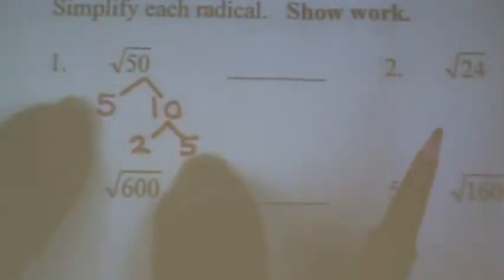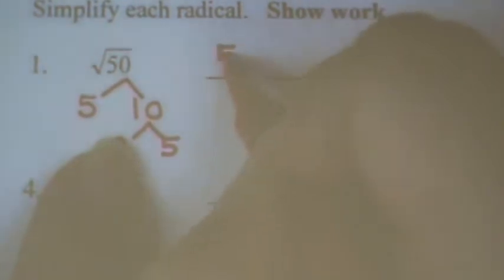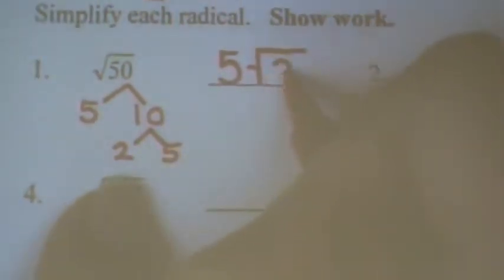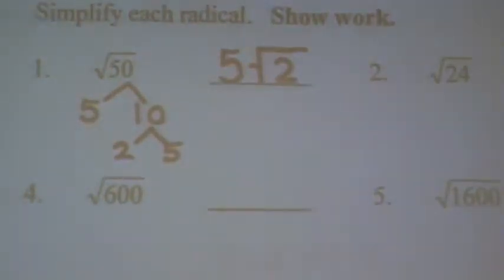Now I see 2 5's here. As soon as you get 2 of a kind, that number comes out of the radical. So you're taking a 5 out because you have 2 of them. What does not have a pair is that 2. So that's the simplified answer. Square root of 50 is 5 root 2.